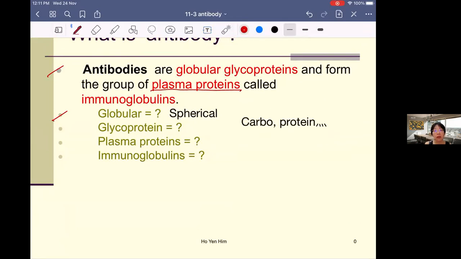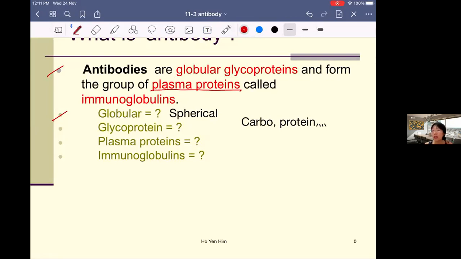So plasma proteins are proteins that are found in which part of our body? Open to the floor. Blood, very good. Protein found in the blood plasma is plasma proteins. So found inside the blood, it will circulate in our body, right?